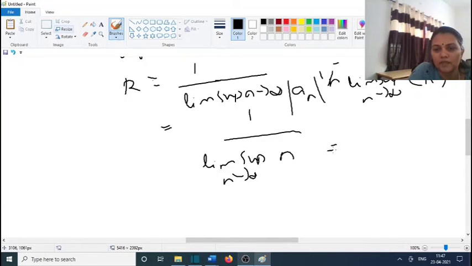Limit n tends to infinity of 1 by n is 0. So the radius of convergence is 0.